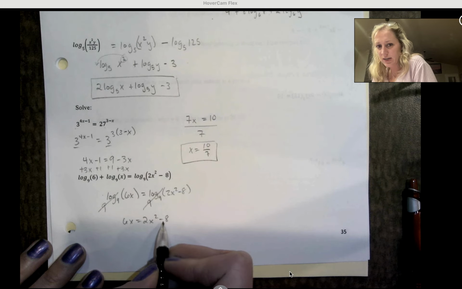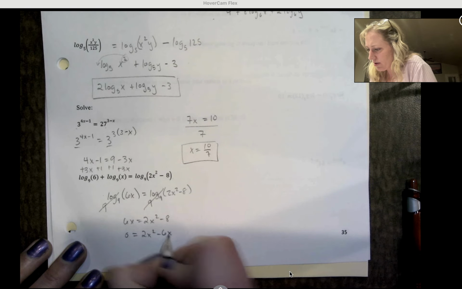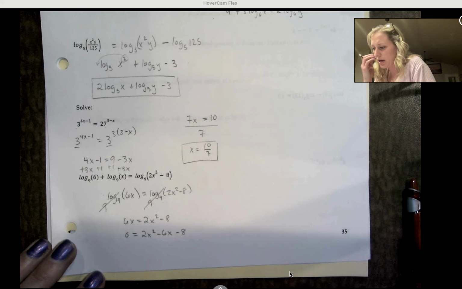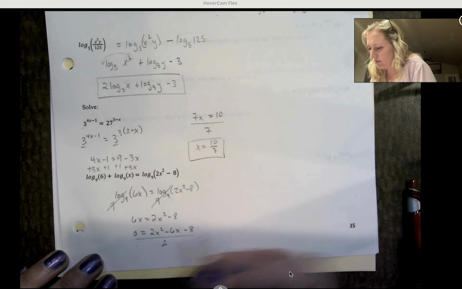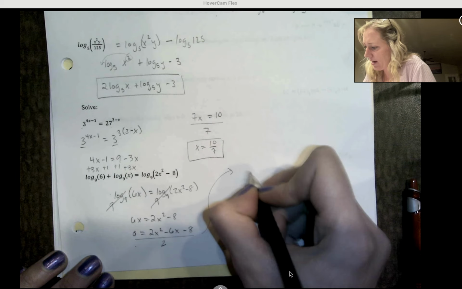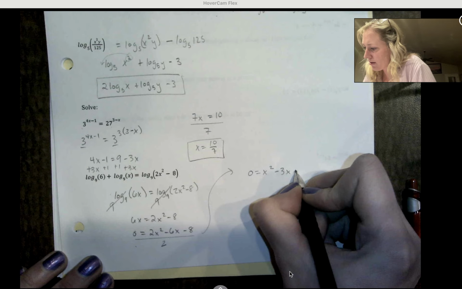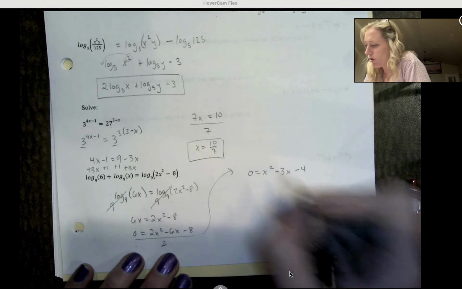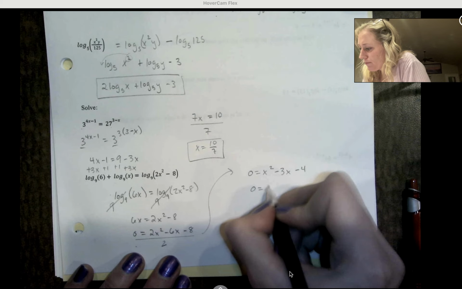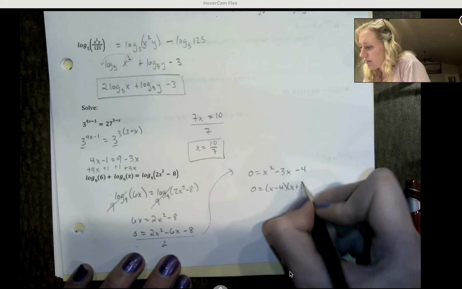I have a quadratic. I'm going to set it equal to 0. Okay, and I'm noticing I have a GCF of 2, so I'm going to go ahead and divide everything by 2. So we have 0 equals x squared minus 3x minus 4. So are there numbers that multiply to negative 4 and add to negative 3? So we've got negative 4 and positive 1 to get the proper signs.